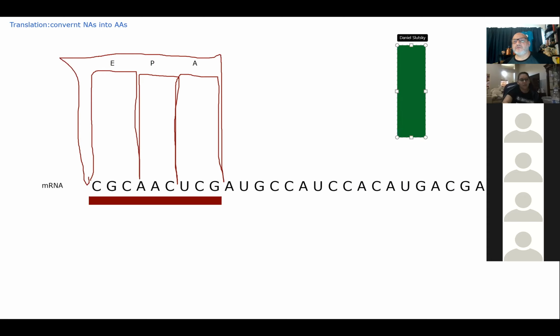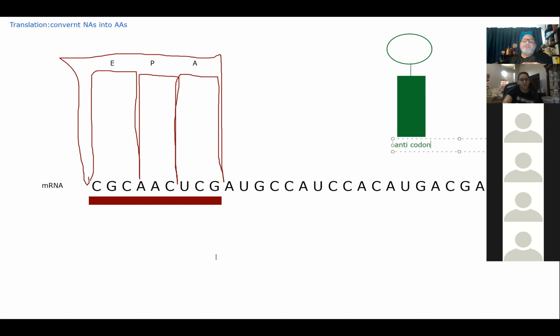That we know is going to have a binding site for an amino acid on top, and some anti-codon down here. All right, so these are the 3 things we need. We need our transfer RNA, our ribosome, and our messenger RNA. These are the 3 things we need to come together.